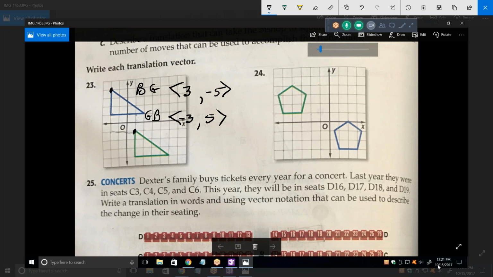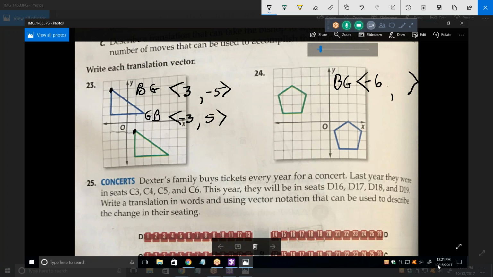So we don't really care which they mean as the original. What's the translation vector if I go from blue to green? It would be 6, -6.